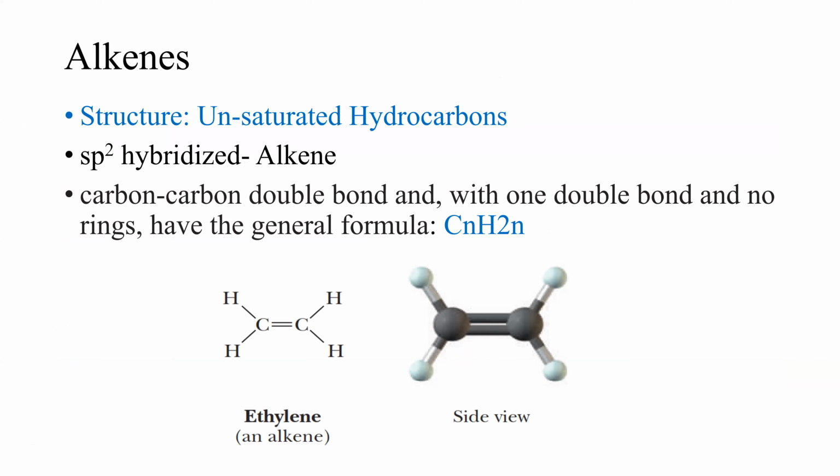So alkenes and alkynes are examples of unsaturated hydrocarbons. They are grouped under the hydrocarbon class because they are made only of carbon and hydrogen. There is no other atom in them.